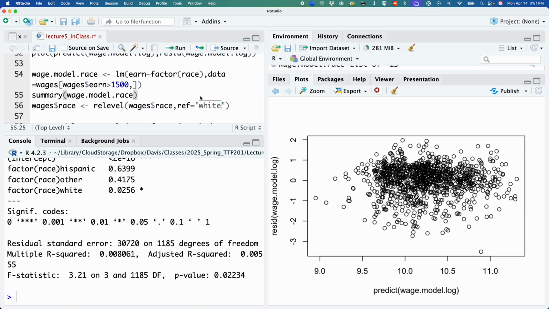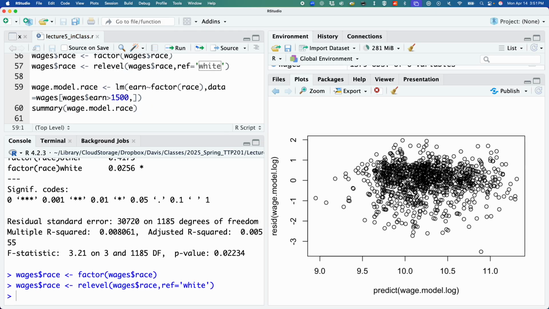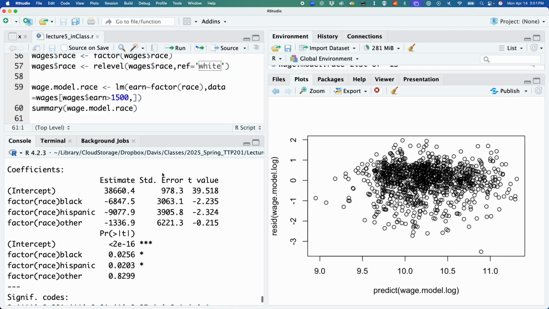Okay, so yeah. Okay, and so if you make white the baseline, then you start at that higher value that I was mentioning, and then everyone else ends up being negative.